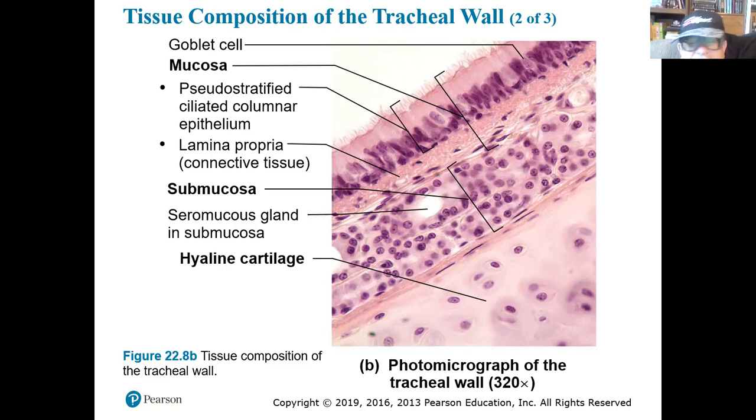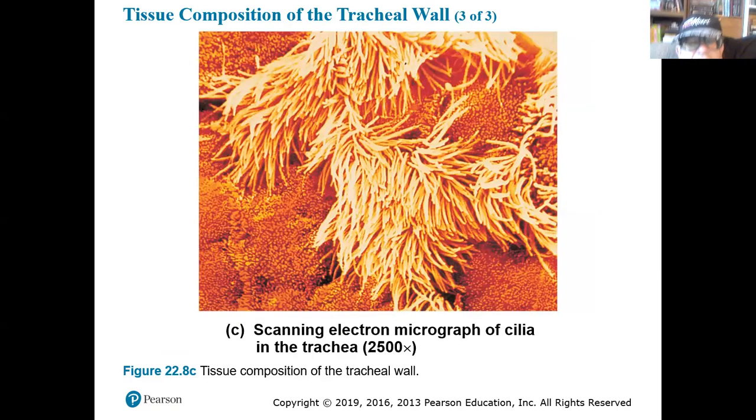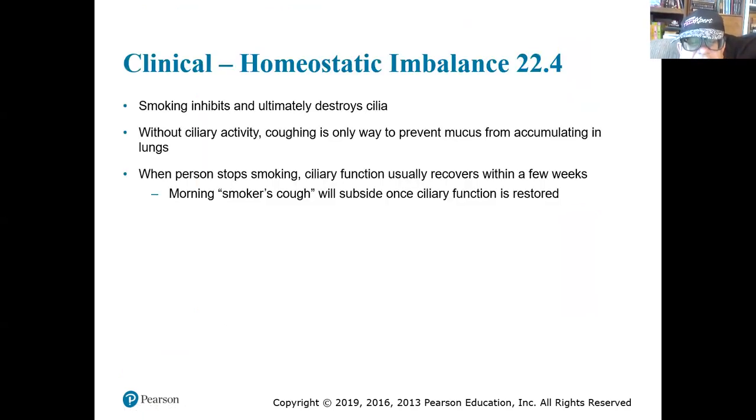Yeah, so we've got that. The rings in the trachea are hyaline cartilage. Here are the cilia, the hair-like cells. Those are the ones that move the mucus up and out of the lungs.